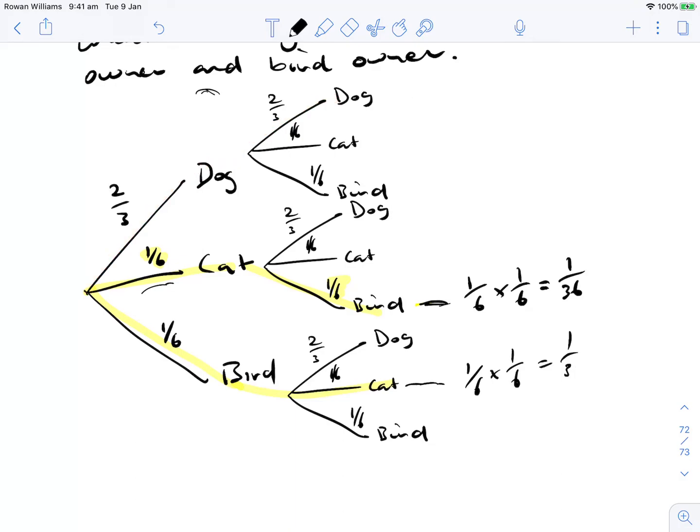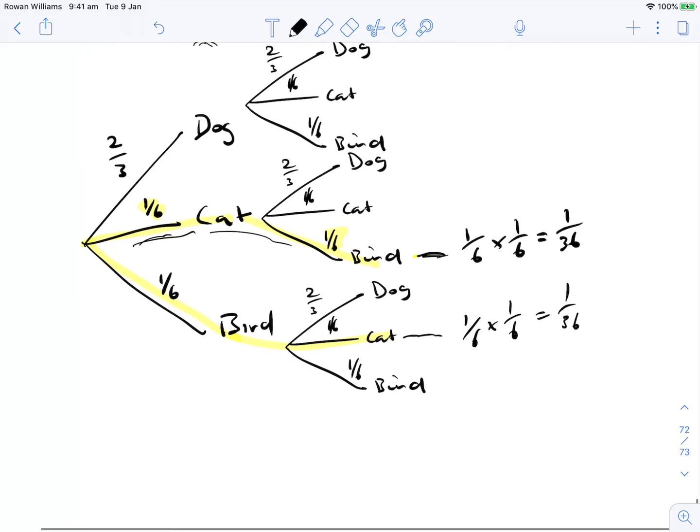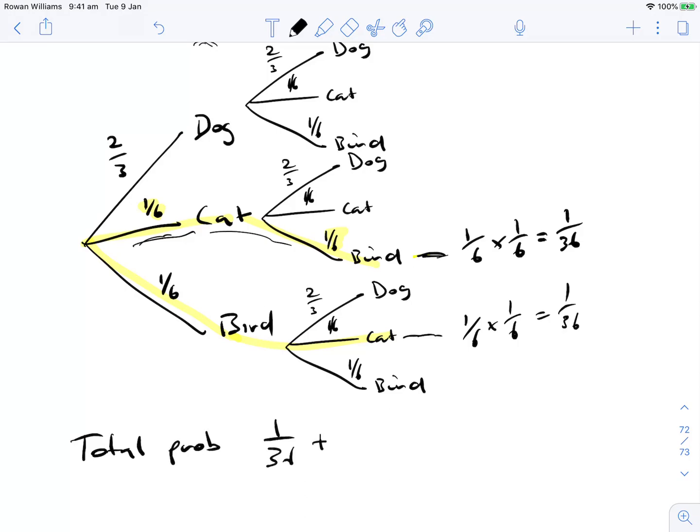Cool. So now we've worked out that we've got this 1 in 36 chance and a 1 in 36 chance going this way. And because I've got two paths that I've gone down, I just need to add my probabilities together now. So to work out total probability, I go 1 over 36 plus 1 over 36.